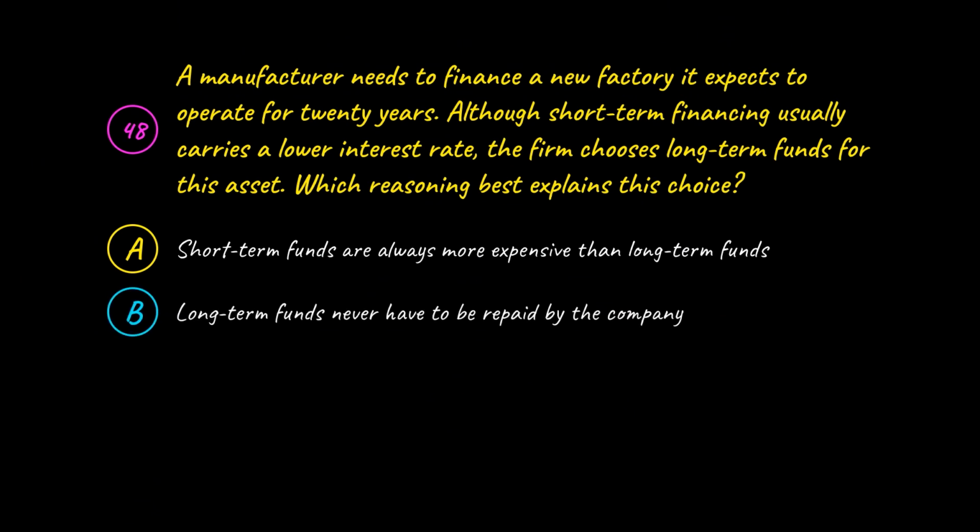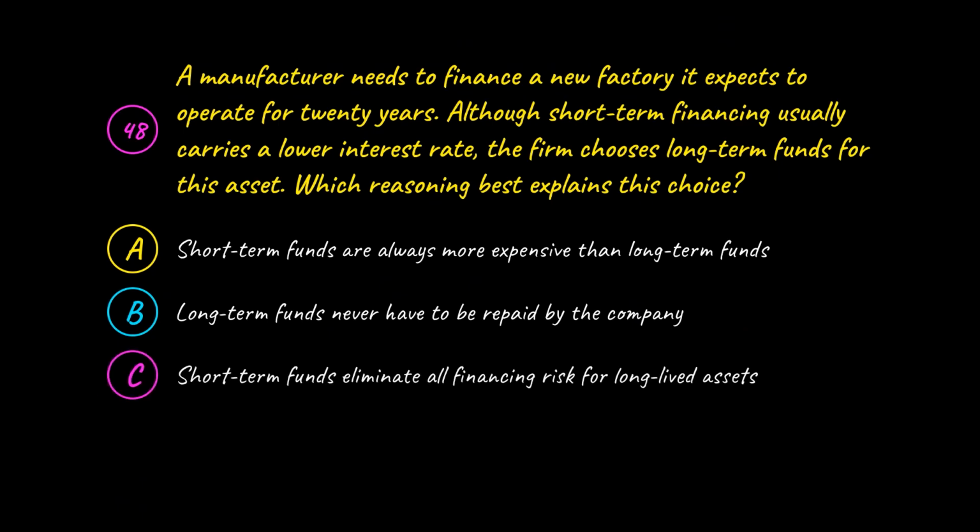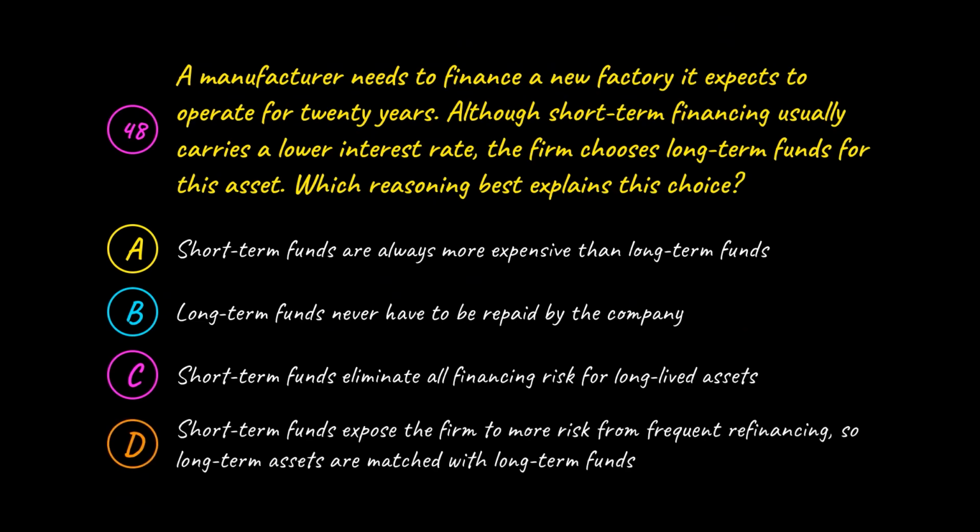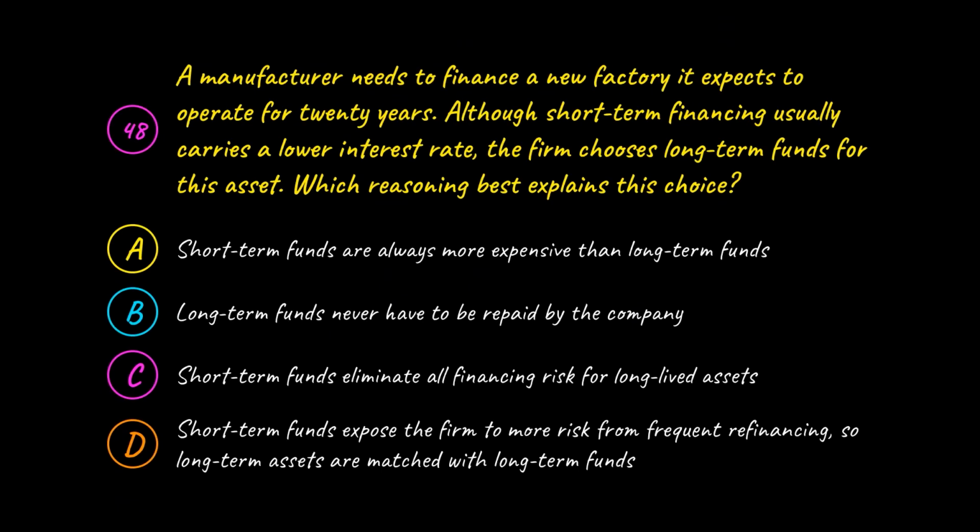B. Long-term funds never have to be repaid by the company. C. Short-term funds eliminate all financing risk for long-lived assets. D. Short-term funds expose the firm to more risk from frequent refinancing, so long-term assets are matched with long-term funds. Got a guess? Lock it in.